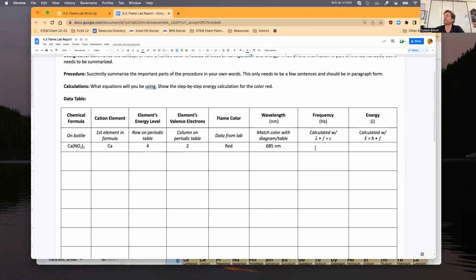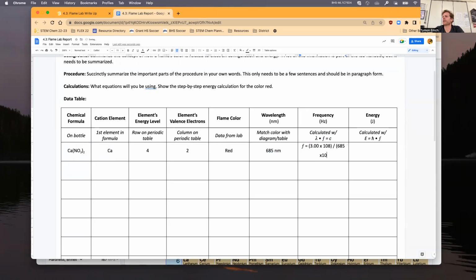The next thing that you're going to do is you're going to calculate the frequency, and I want you to show your work. So to calculate the frequency, that's this F right here, you need to take the speed of light and divide it by this in the correct format. Cool? So F would be equal to the speed of light, which is 3.00 times 10 to the 8th, divided by this value, the wavelength, 685.